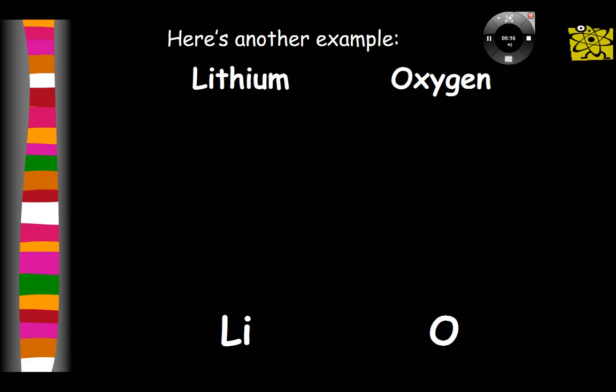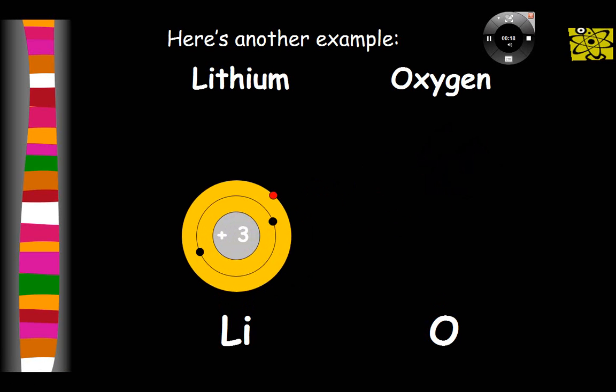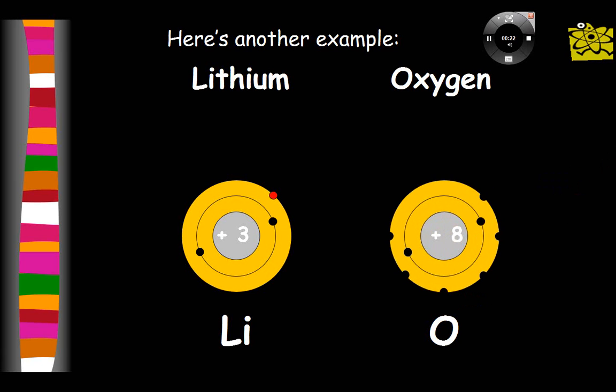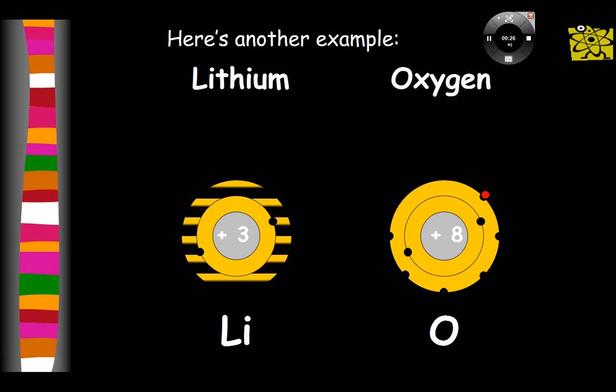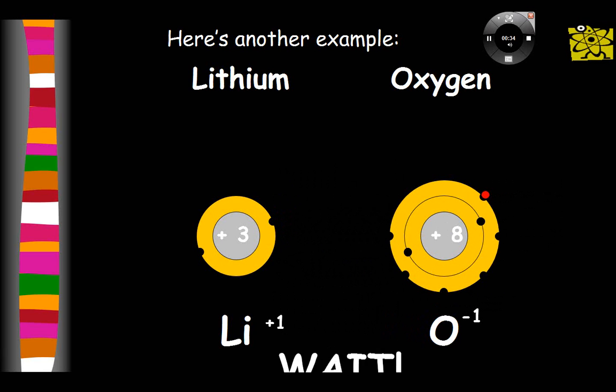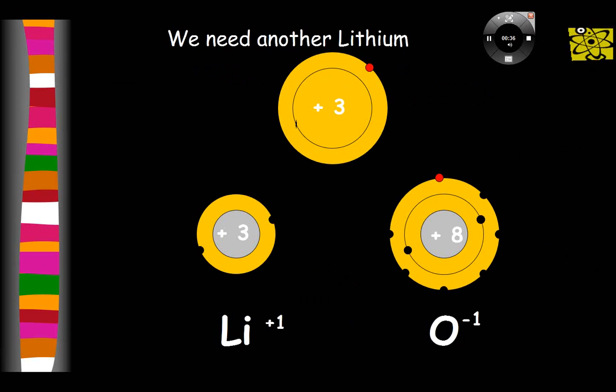All right, let's do another example. Here we have lithium, and here we also have oxygen. Simply, lithium just gives away its one electron. Oxygen is happy, right? No, that's wrong. Here's what happens.